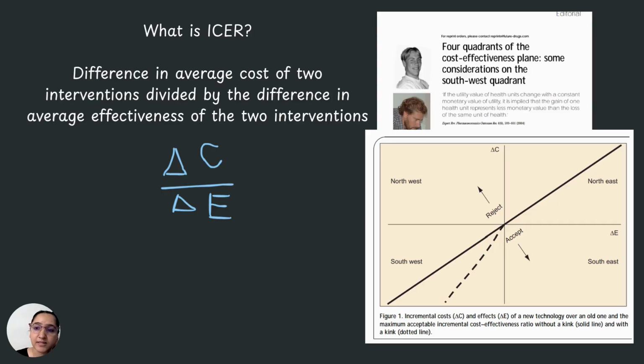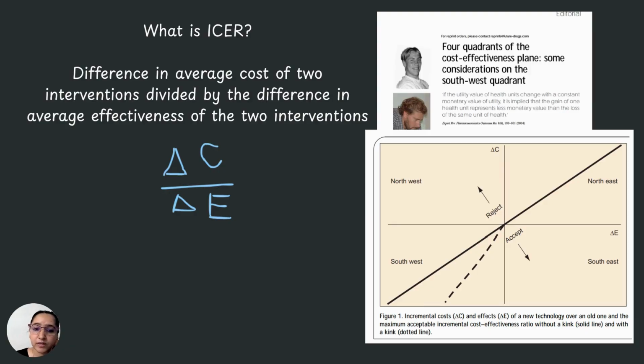By contrast, if the ICER falls in the northwest quadrant here on the top left, it would mean that the new intervention is more costly and at the same time less effective. So we would reject this intervention.